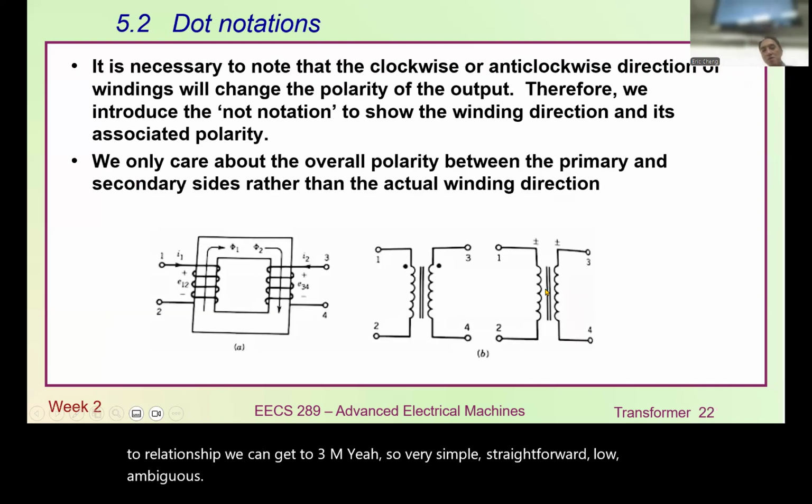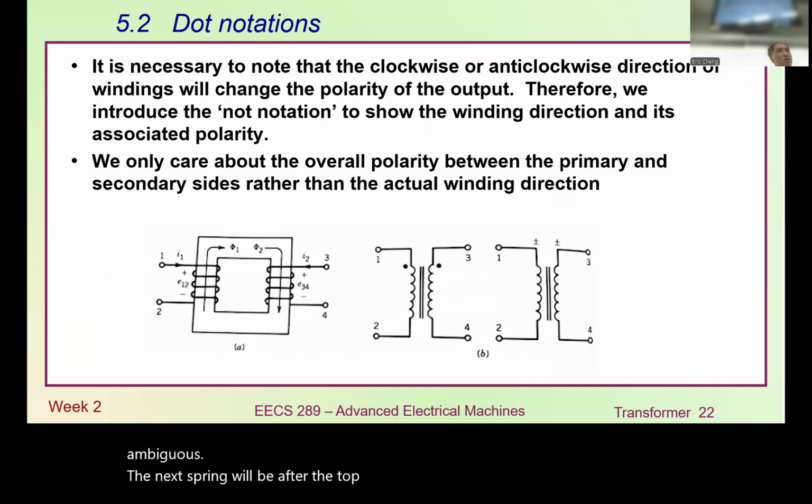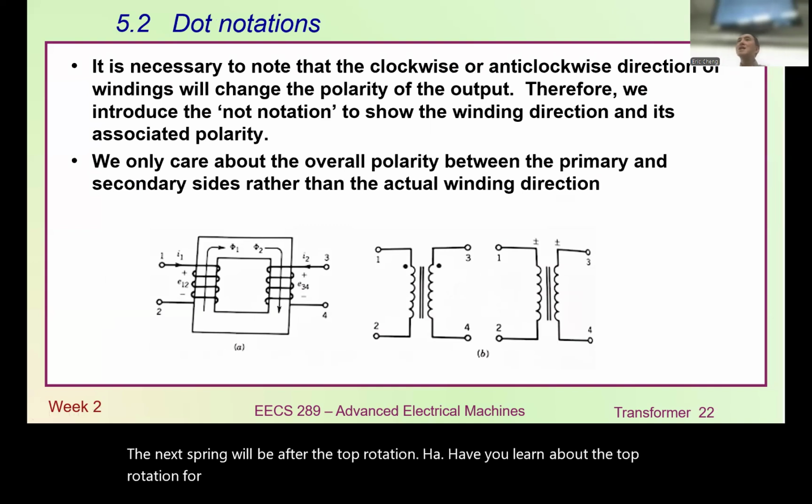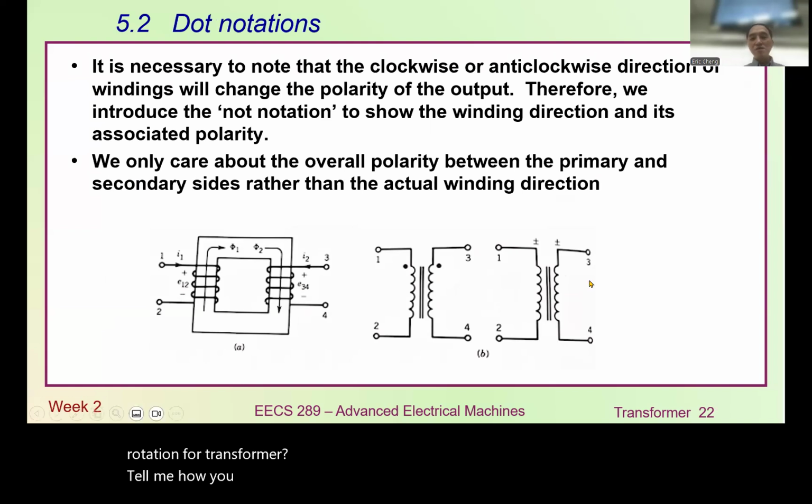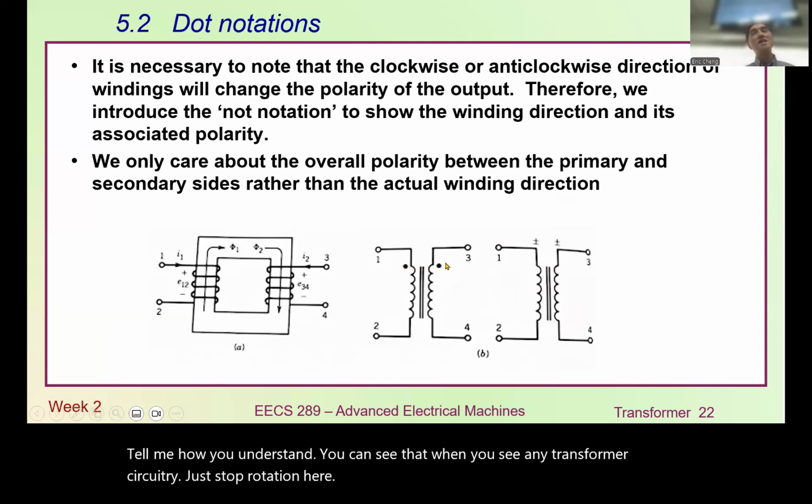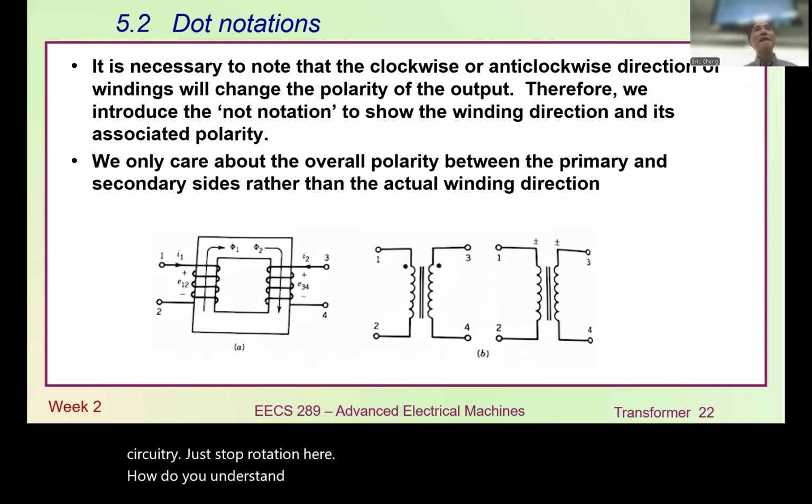The next thing will be about the dot notation. Have you learned about the dot notation for transformers? Tell me how you understand it. When you see any transformer circuitry, there's a dot here. How do you understand that? It's a direction of current, yeah, but how?